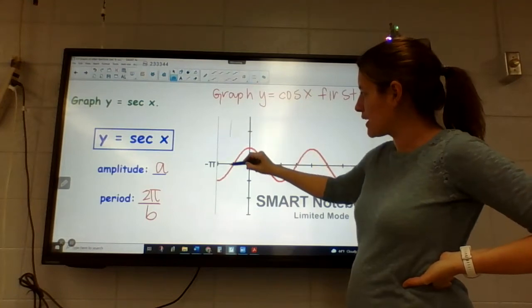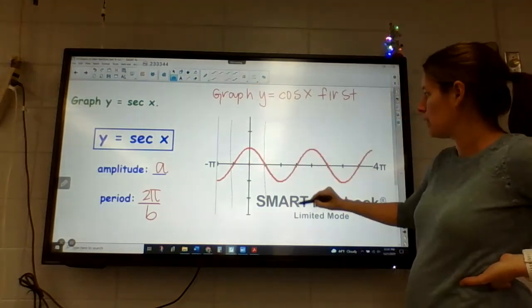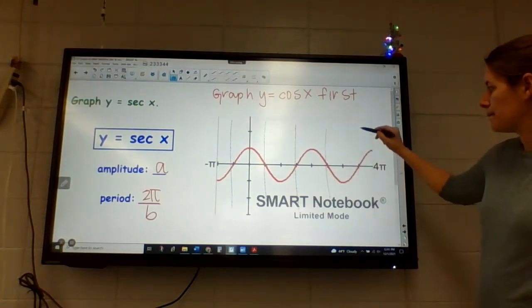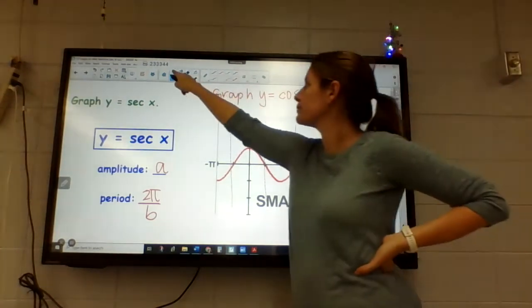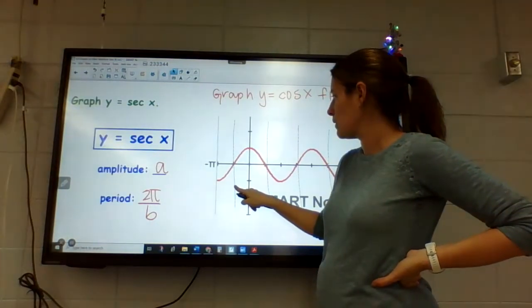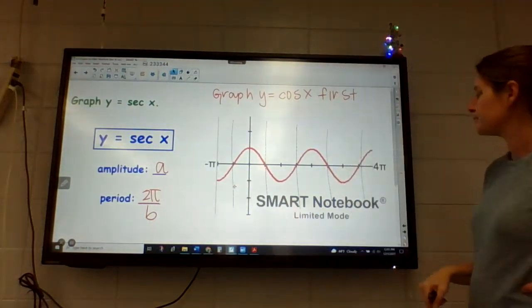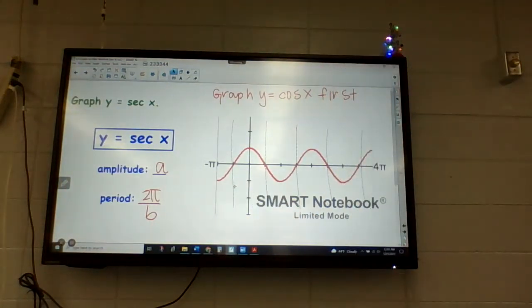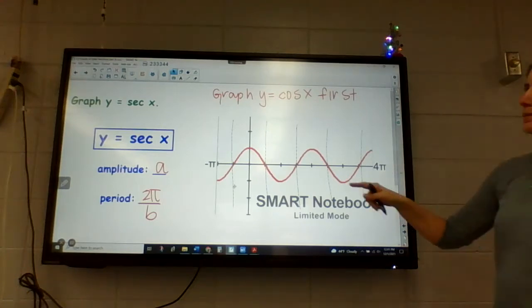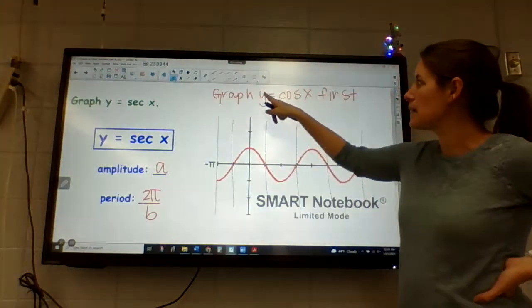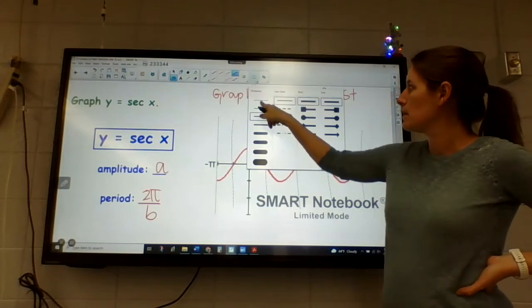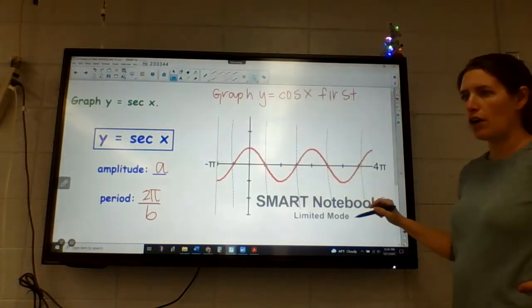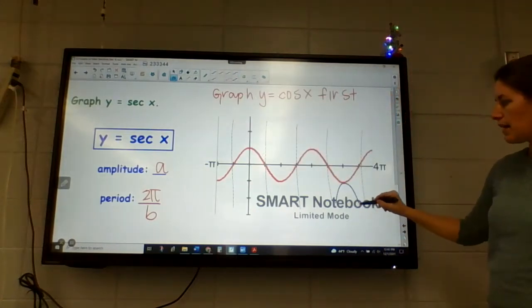Anytime the cosine equals 0, oh, that wasn't even the right spot. And then we're going to draw those U's on the top. So that's the same idea. But obviously, if you're not good at drawing cosine or sine, these get a lot tougher.